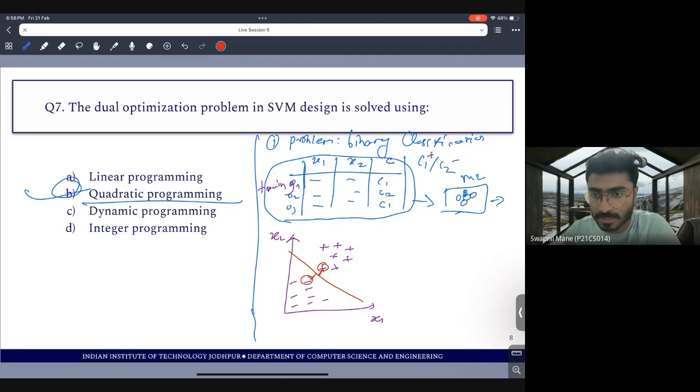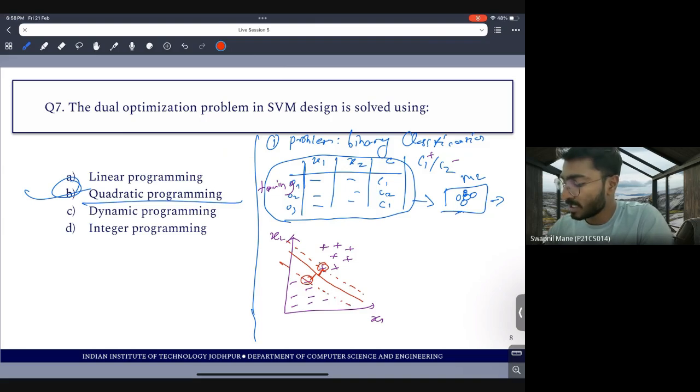The distance between the margin and the closest point should be maximum. So we also draw a marginal plane, which passes through the closest point here. This is the marginal plane. These closest points we call marginal points or support vectors.